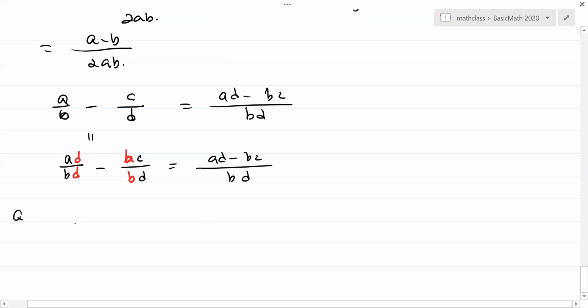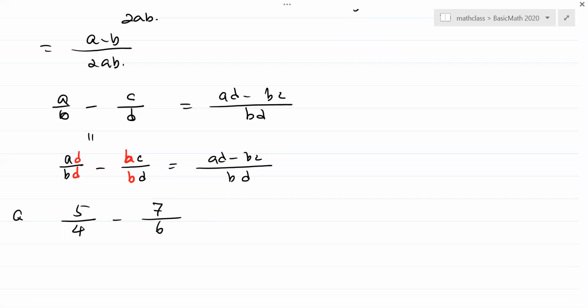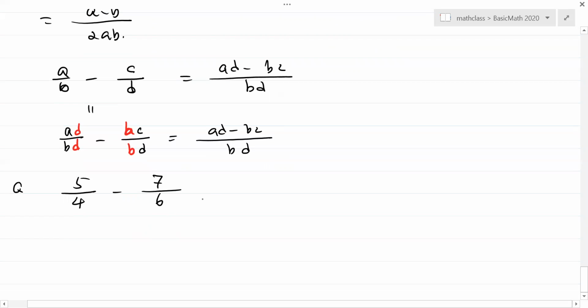So for example, if we wanted the addition 5 over 4 minus 7 over 6, how do you combine them together into one fraction? You can do the following. The best way is: 4 is 2 times 2, and 6 is 2 times 3.